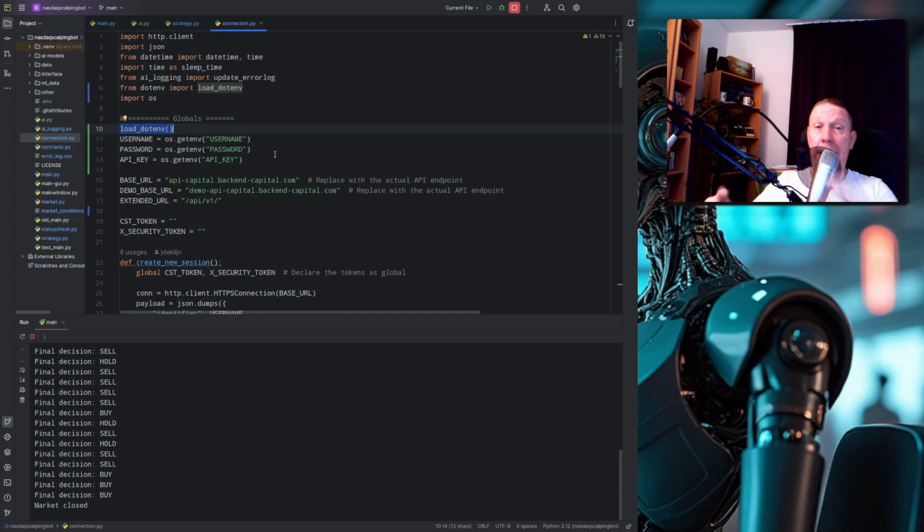And if this is posted into a GitHub repository, it's safe. Nobody can do anything with this data that you post here as username, password, and API key.